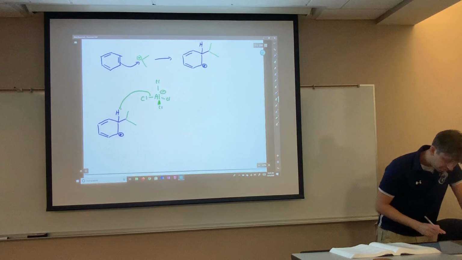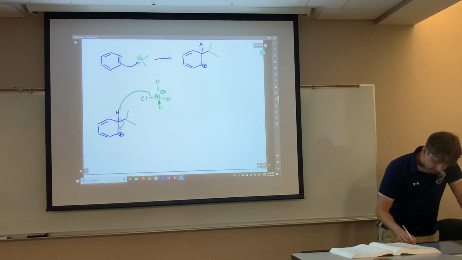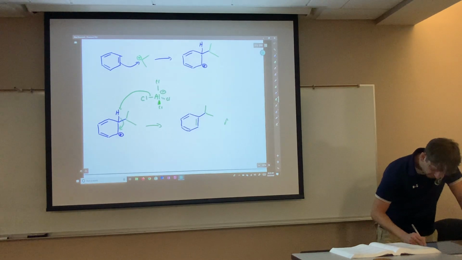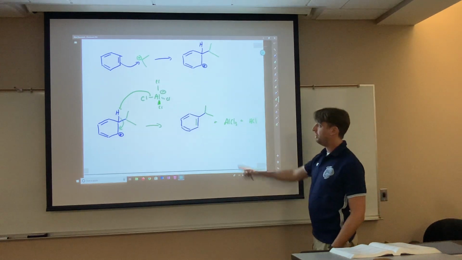So we take that bond between the aluminum and the chlorine, it generates HCl, and we regenerate our aromatic ring. So that's blue, this was in blue, this is green, green, and that's green. We have AlCl3 and HCl. Okay, cool. So there it is.